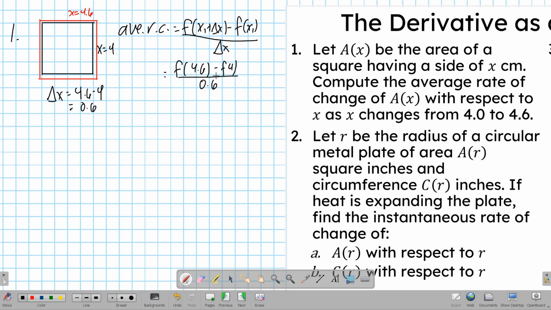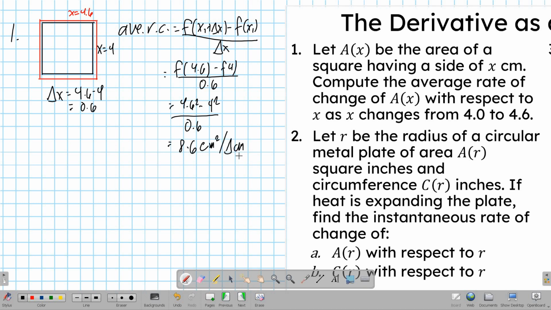And since this is a square, and area is the thing that we're talking about, we're going to have 4.6 squared minus 4 squared over 0.6. This will now give us an average value of around 8.6 square centimeters per change in centimeter.